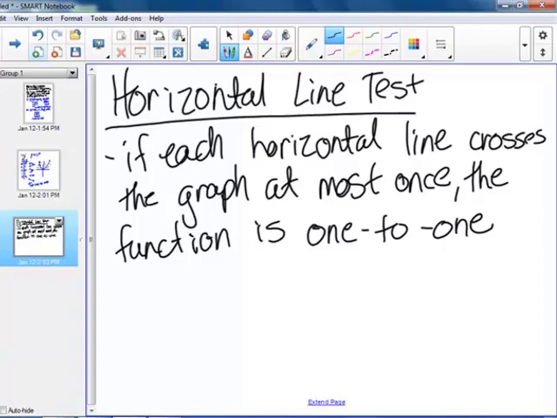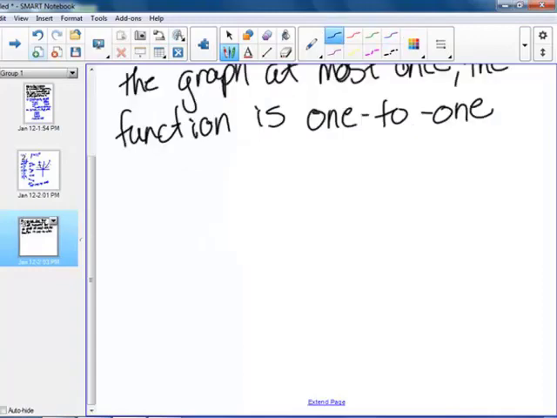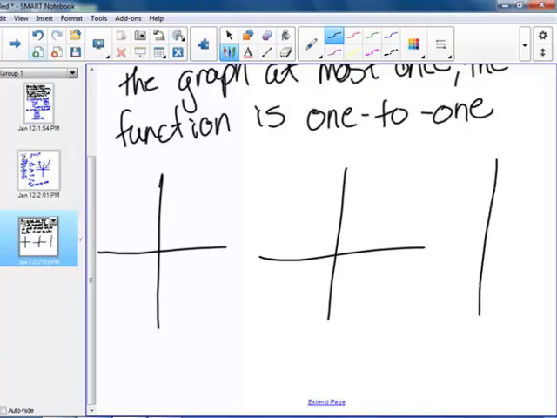The vertical line test still applies, but now we also have the horizontal line test to determine if it's one-to-one. So let me throw up a few examples. Let's throw up maybe 3 graphs here.